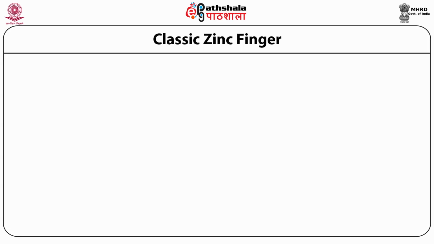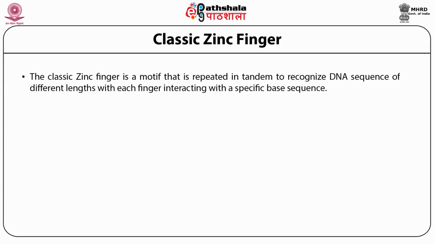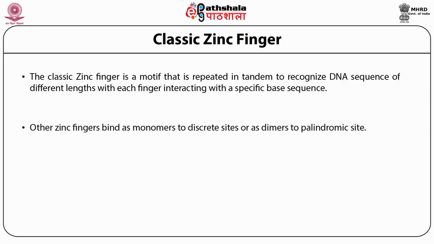Classic zinc finger. The classic zinc finger is a motif that is repeated in tandem to recognize DNA sequences of different lengths, with each finger interacting with a specific base sequence. Other zinc fingers bind as monomers to discrete sites or as dimers to palindromic sites.